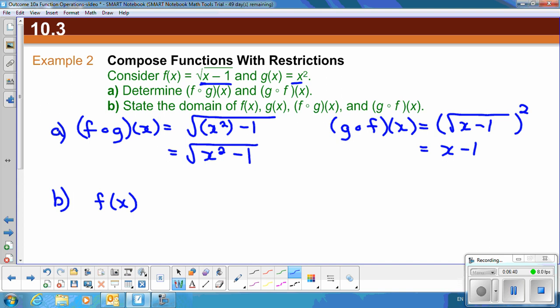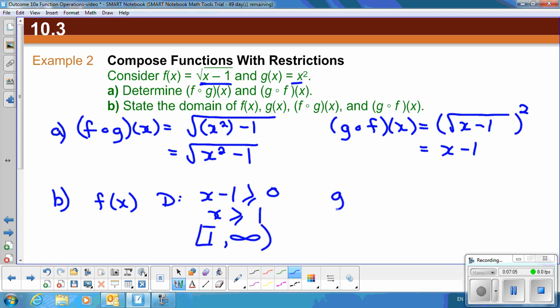So that means that x minus 1 has to be greater than or equal to 0. Therefore, x has to be greater than or equal to 1 as the domain. We can write that as 1 to infinity, and 1 is included in that.